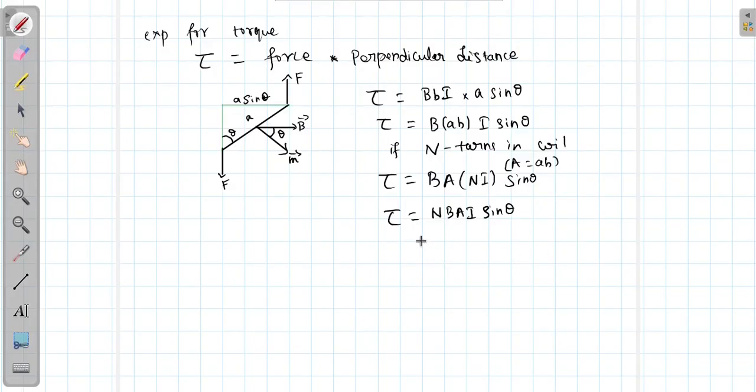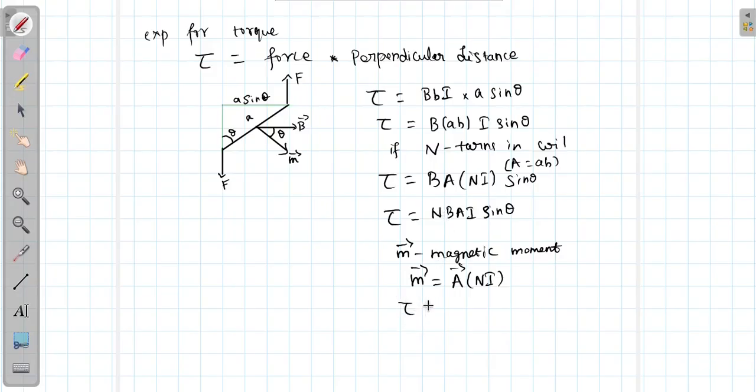And we have one more term called magnetic moment, similar to the dipole moment we discussed in the first lesson. Magnetic moment M vector is equal to ANI.